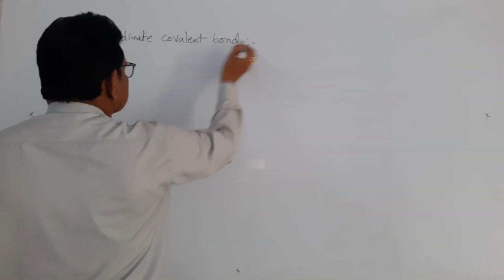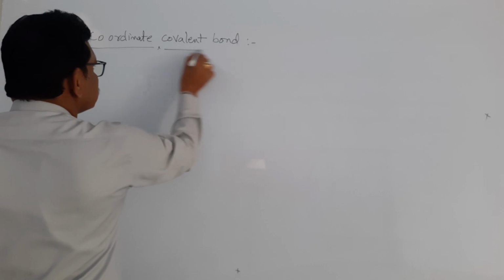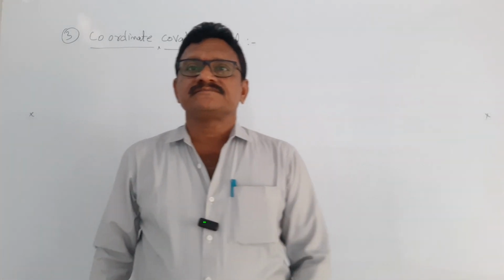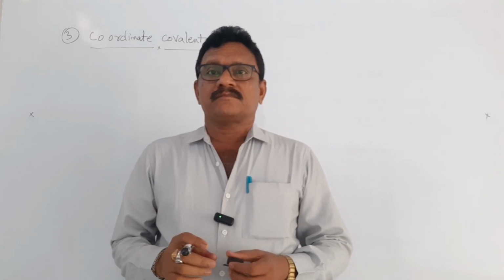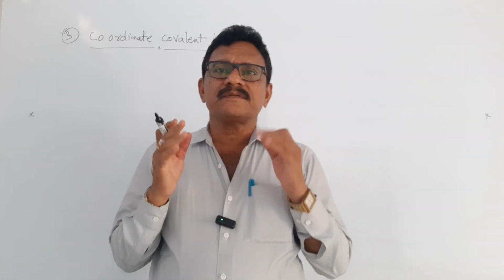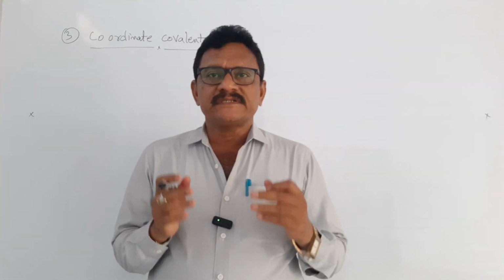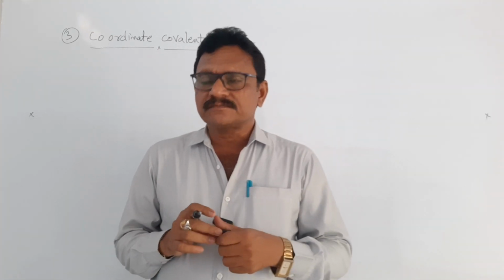See, student, it is also an important bond, and it will come in higher classes, particularly BS final year. So, first of all, what do you mean by coordinate covalent bond? How is it formed? All those things we discuss now.